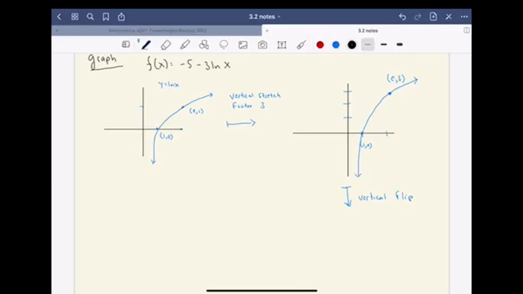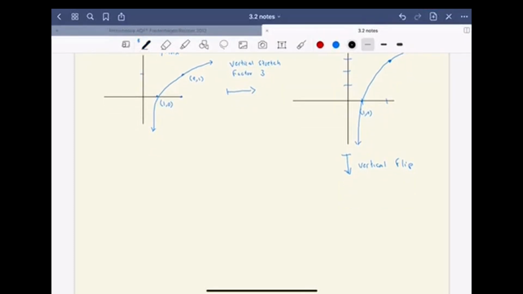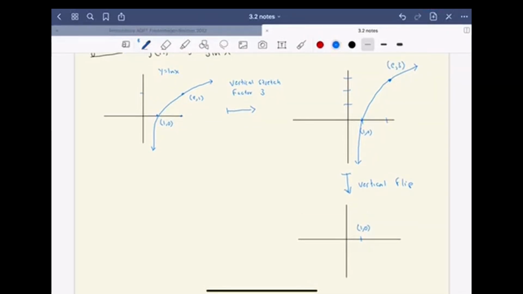Okay, so let's graph that one. 1, 0 stays 1, 0, but now the point e, 3 becomes e, -3.